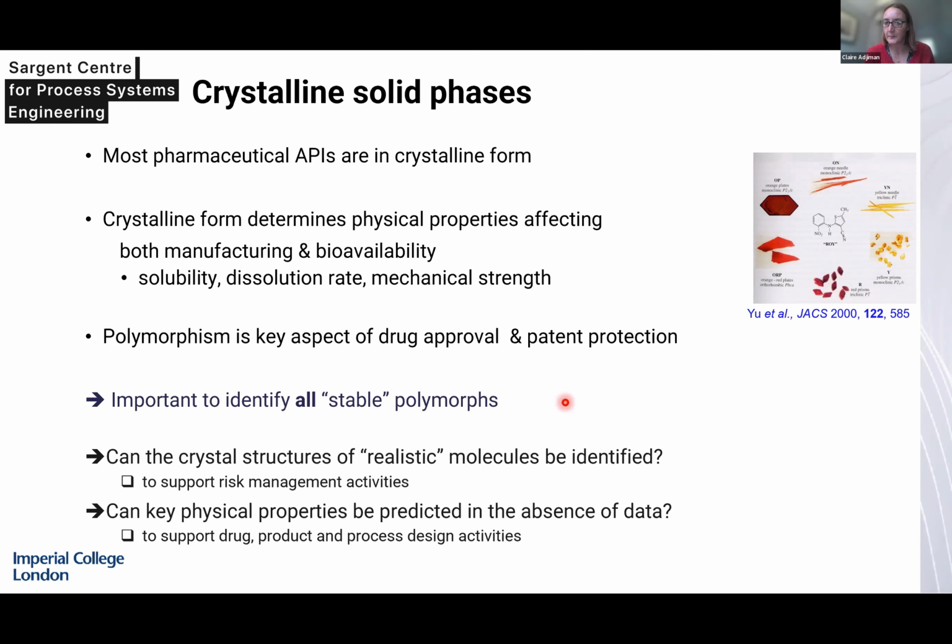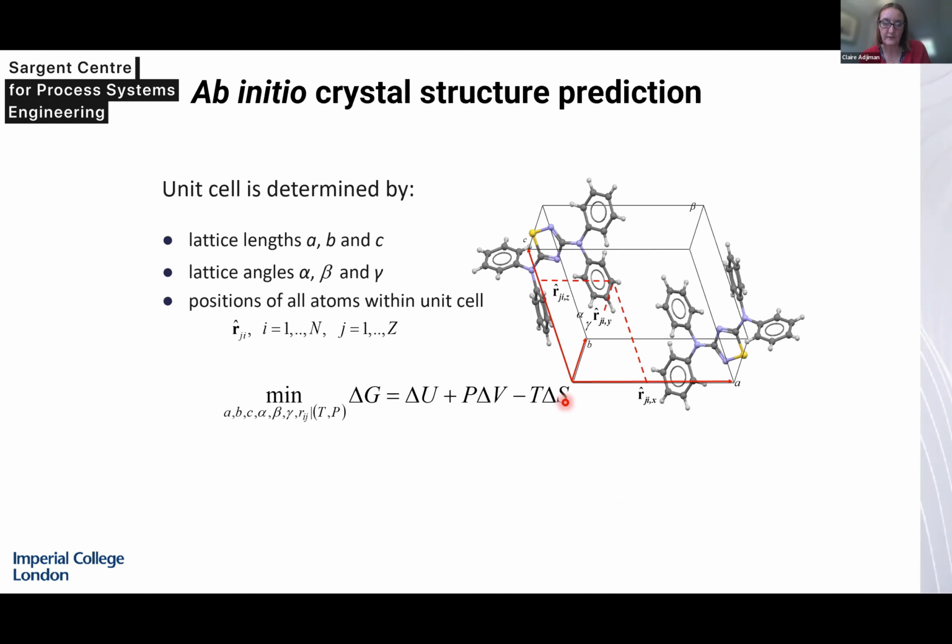That has happened in the past and cost hundreds of millions of dollars in interruption and trying to fix this issue, but also, of course, been really impactful on the patients who did not have access to their drugs anymore once a more stable form was formed. So we want to be able to help the understanding through computational methods, and we also want to be able to support the development of drug products by using the predictive tools to make decisions.